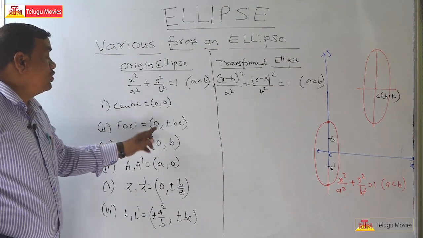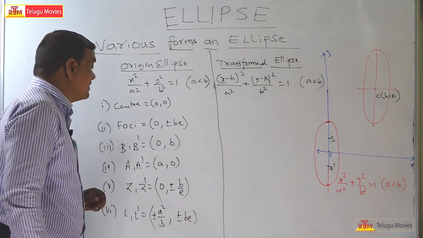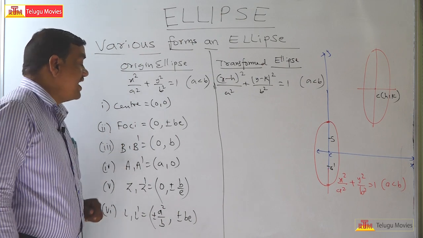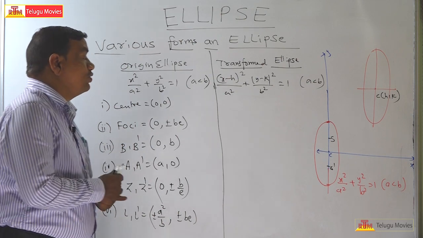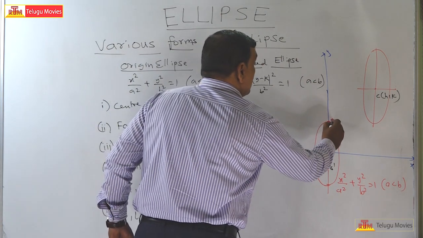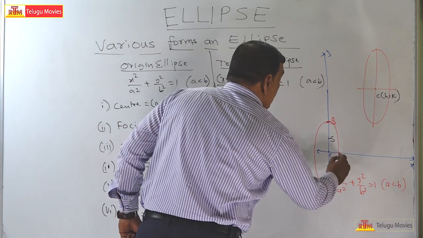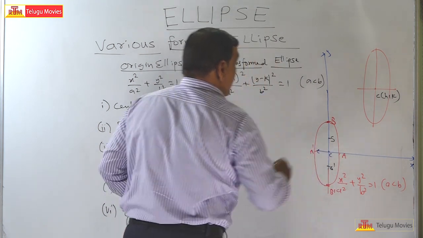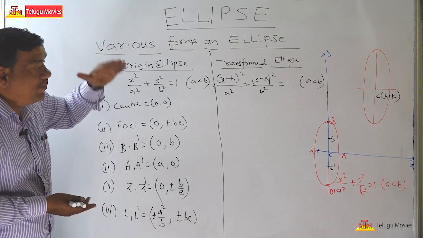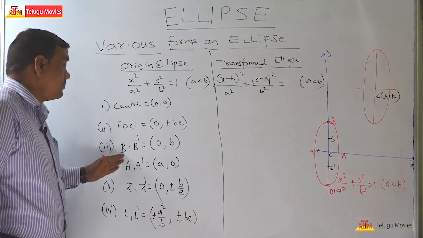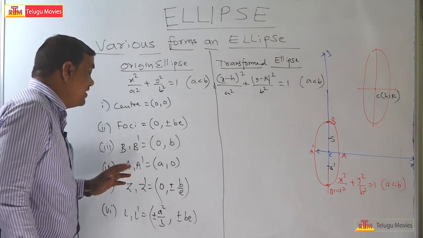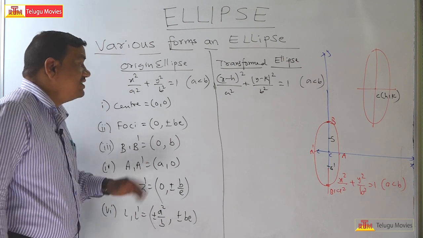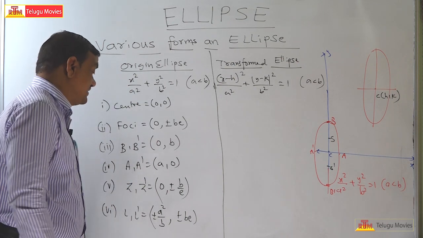That's why the x coordinate is 0, so the foci are 0 comma plus or minus be. B dash is here and B is here, and this is A and this is A dash. At the end points of the major axis, B is 0 comma b, A is a comma 0, because they lie on the x axis.